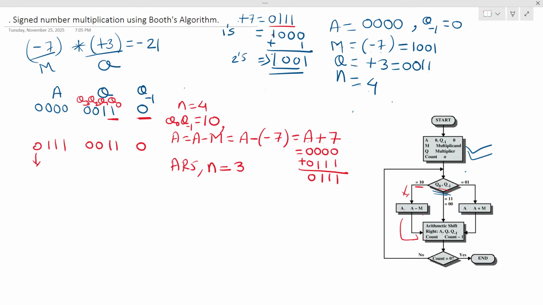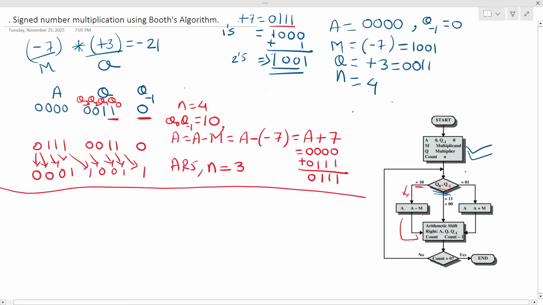I right shift all the bits: the MSB is kept as it is and all other bits are right shifted, that is A, Q and Q minus 1. This is cycle number 1. Here the count is reduced to 3, which is not equal to 0.